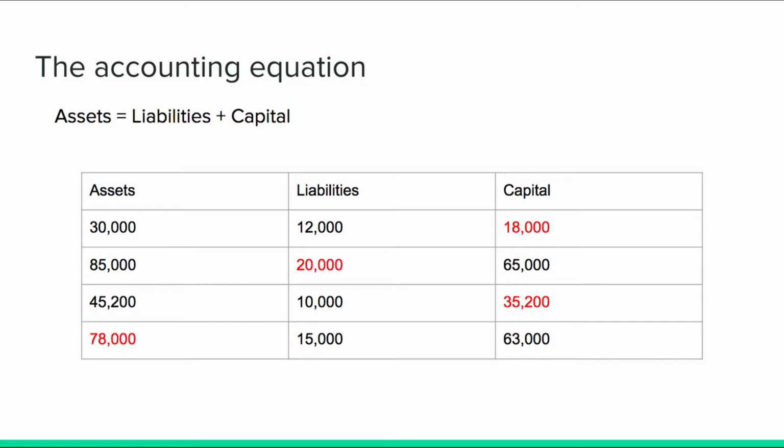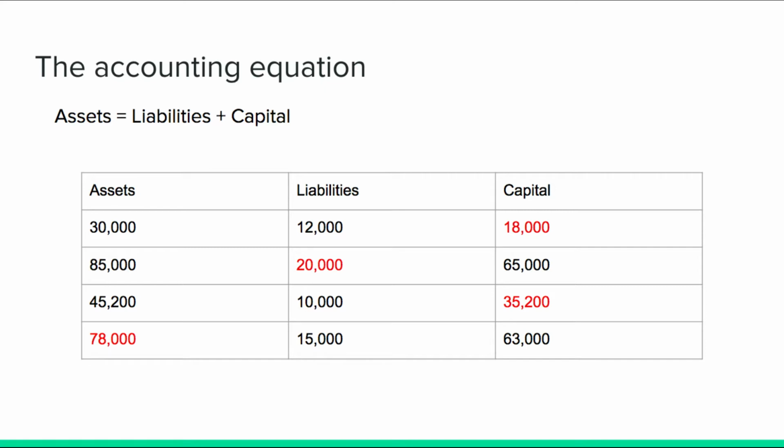So we know that assets is equal to liabilities plus capital. From there, we can find out that capital is equal to assets minus liabilities. So when we deduct 12,000 from 30,000, we get 18,000, which is the value of our capital.